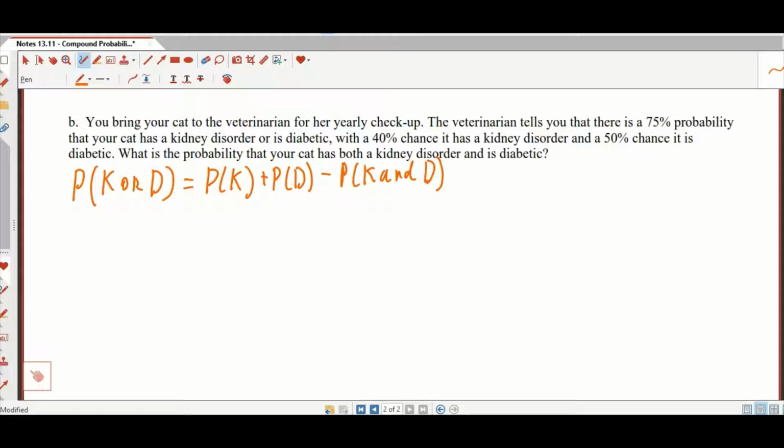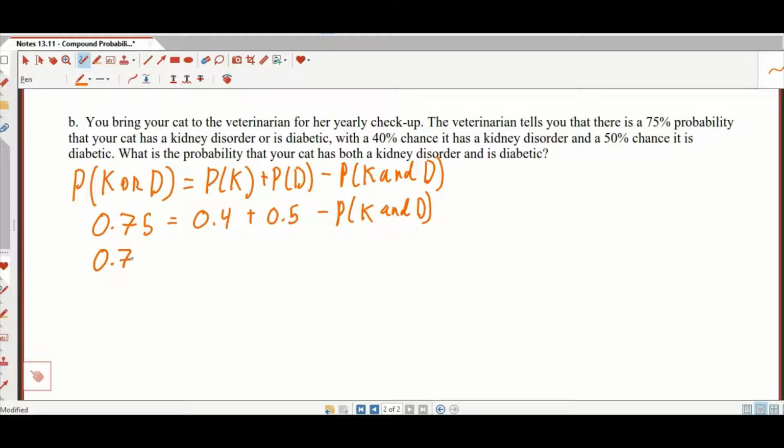So the probability of K or D, there's a 75% chance. So 0.75 equals the probability of there being a kidney disorder, 0.4, plus the probability of there being diabetes, 0.5, minus the probability of both. That is bad news for kitty.